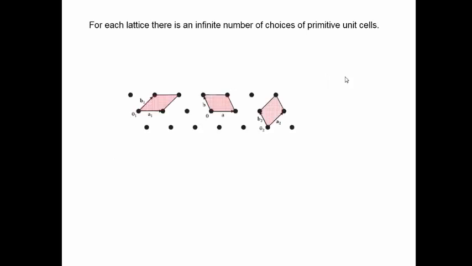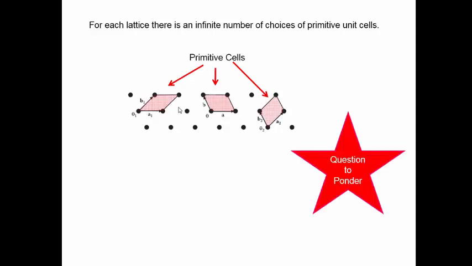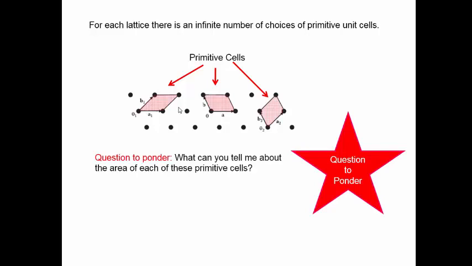For each lattice, there's an infinite number of choices of primitive cell. So here are three different primitive cells, and they're called primitive cells, of course. Now let's have a question to ponder. What can you tell me about the area of each of these primitive cells?